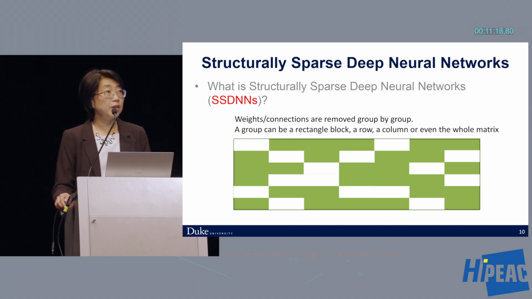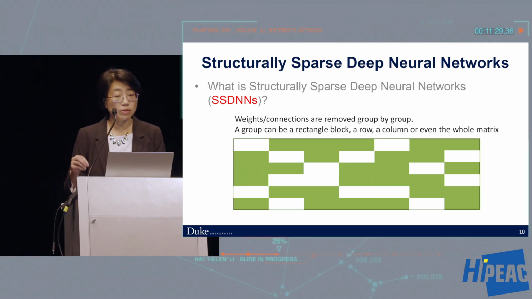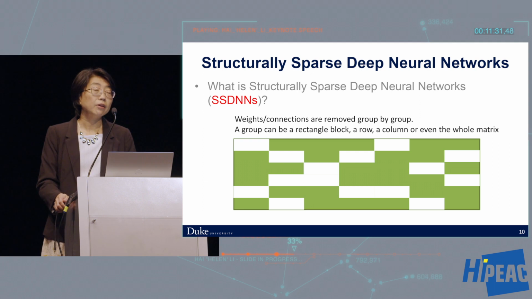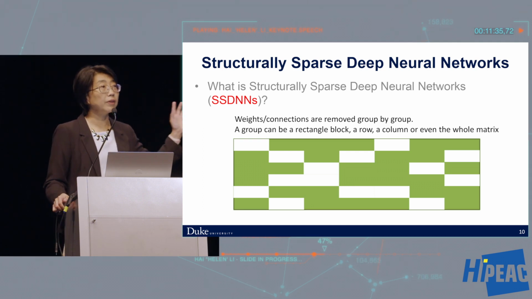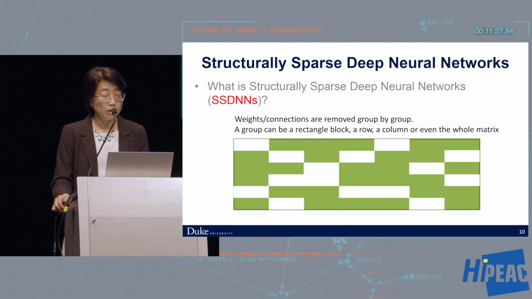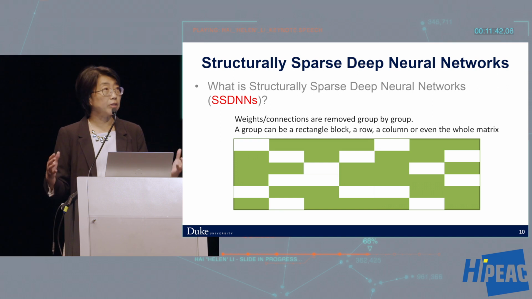Then that generates another question: generally speaking, what is structured sparsity in deep neural networks, and how can we achieve this? Our concept was very, very simple. If you think about matrix operations, and this illustrates a matrix, any weights and connections can be removed group by group.